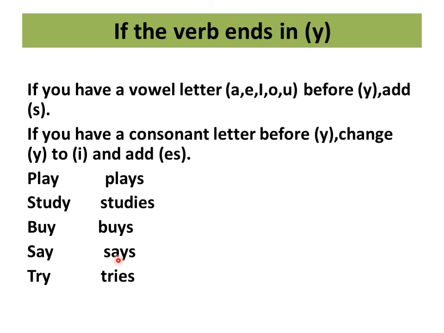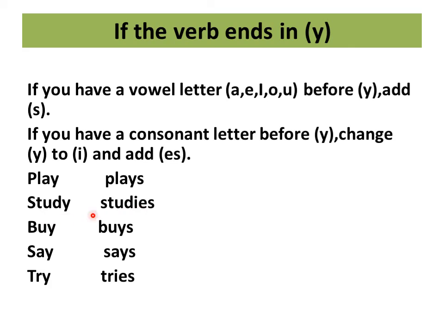Yes, we have a vowel before Y. But if you have a consonant, meaning all letters except the 5 vowels, change Y to I and add es. For example, study. Before Y we have what? We have D. It's not a vowel. So change Y to I and add es.